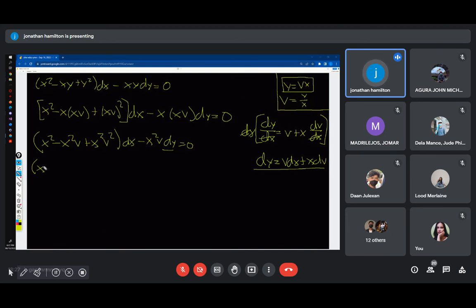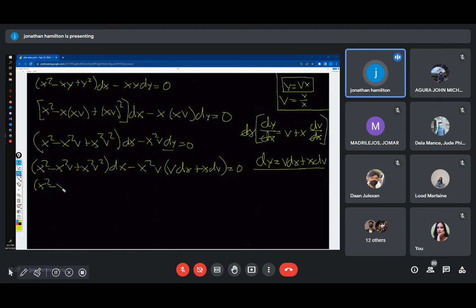So we can expand this by saying we have x squared minus x squared v plus x squared v squared dx minus x squared v times (v dx plus x dv) equal to 0. So now that we have this, we can try and simplify the equation again.